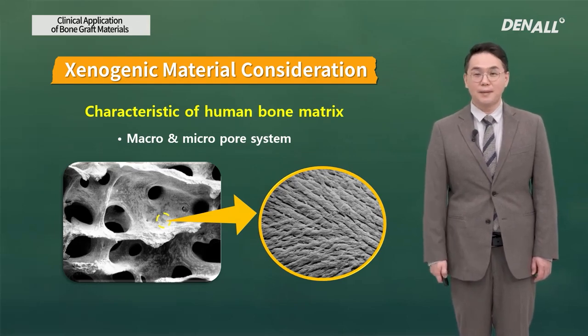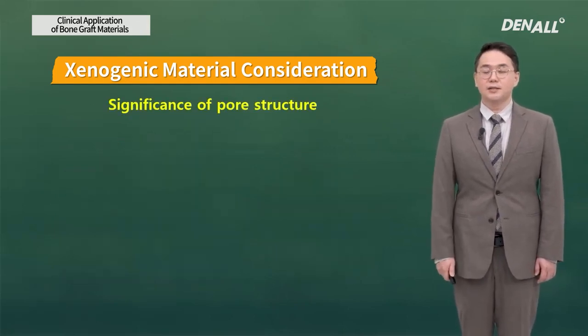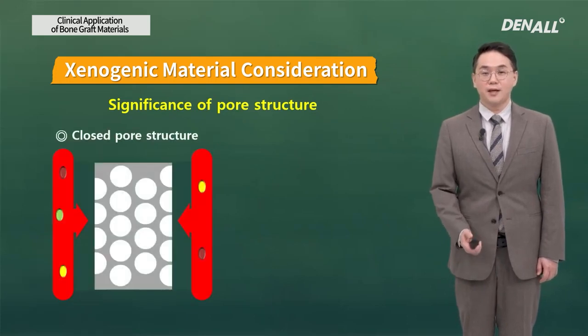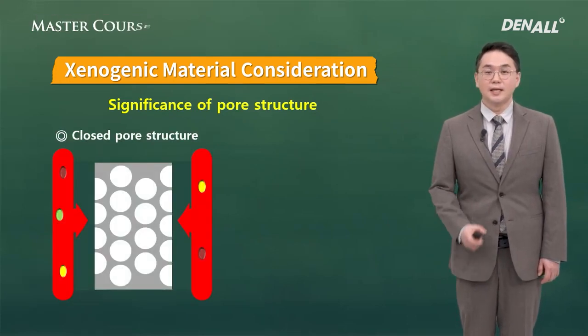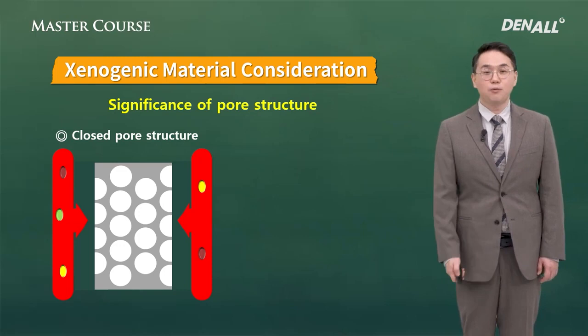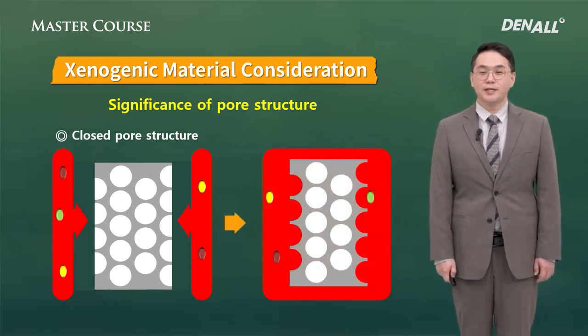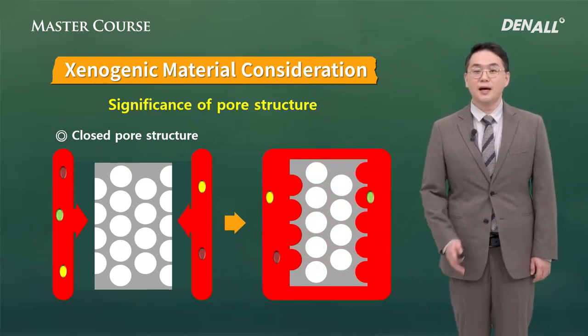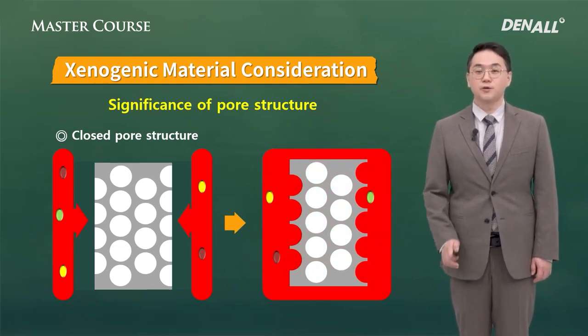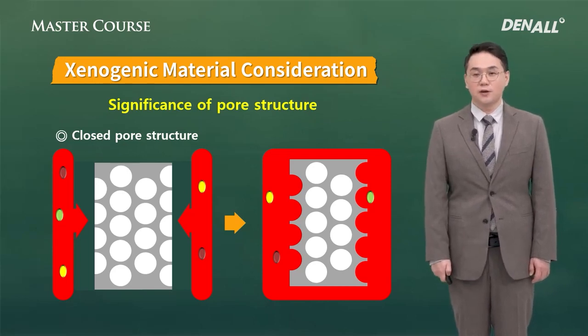The same goes for the bone materials. If the pores of the bone materials that you use are not connected with each other, the pore system is closed. They are not easily saturated with the blood. The blood cannot penetrate into the bone materials, so the area where cells can adhere would be small.